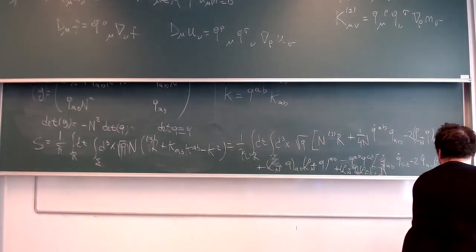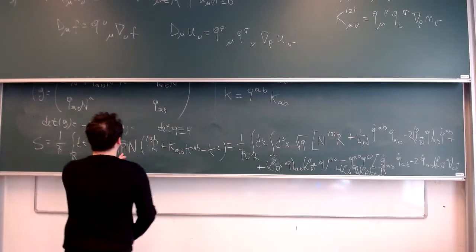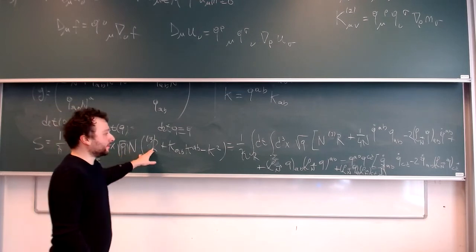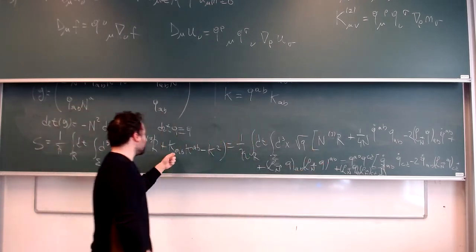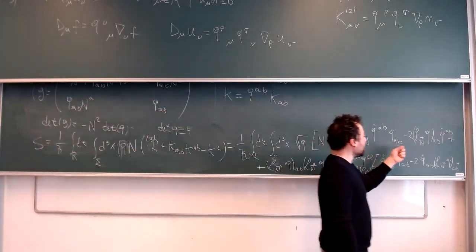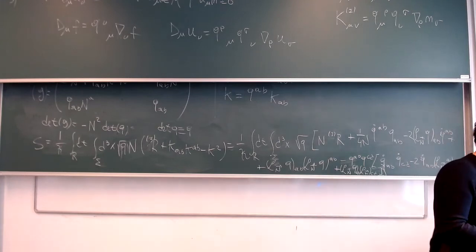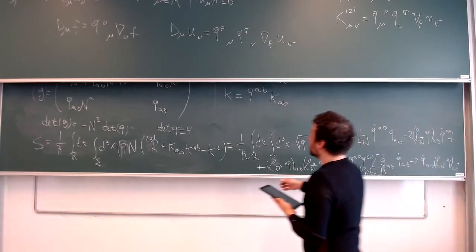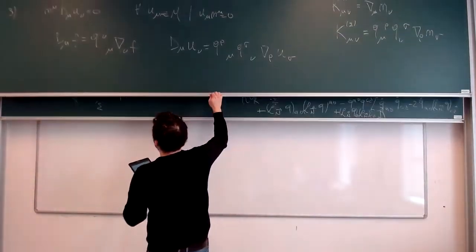So what I did here is, well, it's not just, but okay, we have the square root of Q multiplied by this, that's the first part. Then these Q_AB are related to both the time parameter derivative of the metric and the Lie derivative of the metric along the vector field, the shift vector field. And the point is, I ask why.